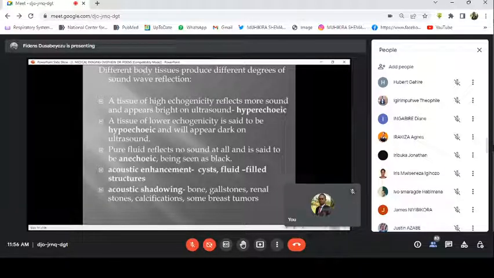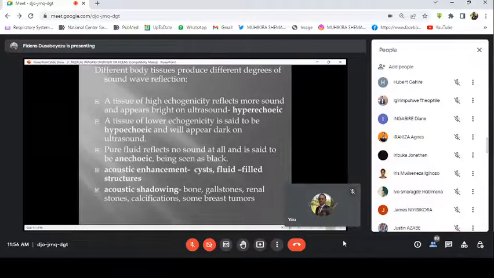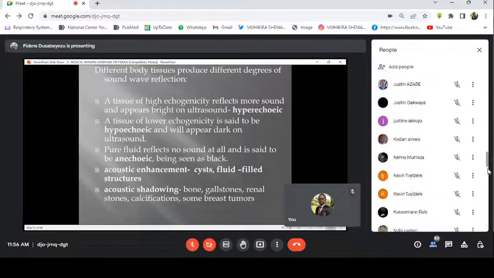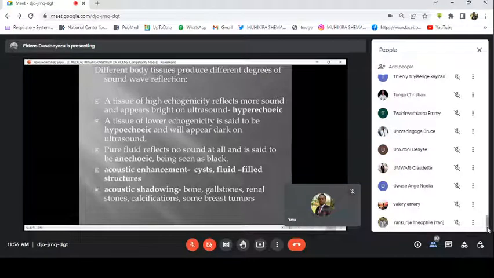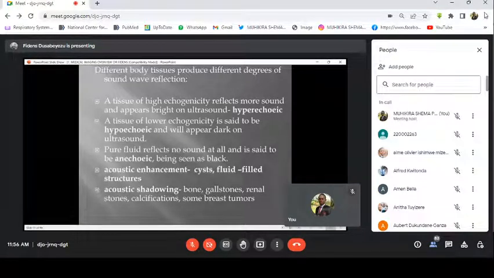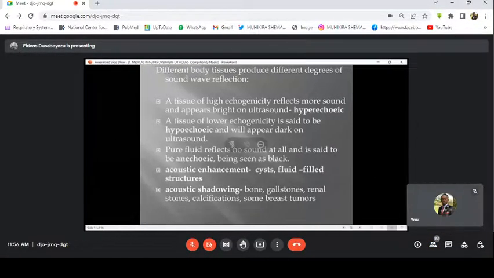An organ that reflects much echoes is called hyperechoic.